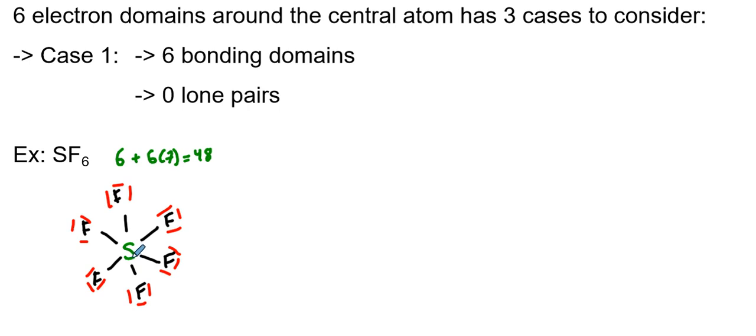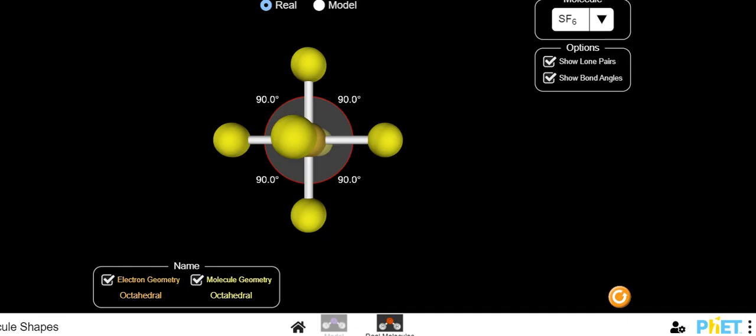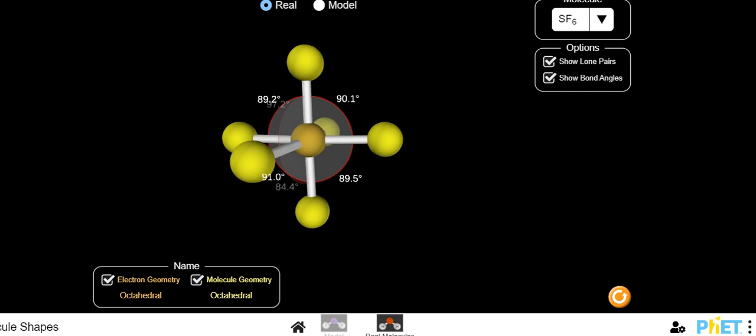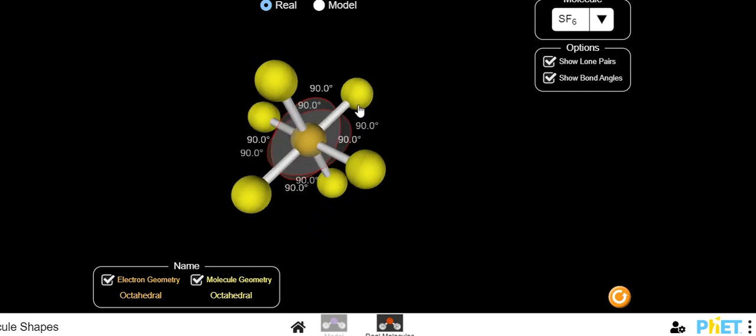So what will this look like in 3D space? Well, let's take a look at PhET and figure out what the picture looks like. So here it is, sulfur hexafluoride, and we can see that we have lots of 90-degree angles. Well, that's nice. They're nice to draw. And we can see that it's a very symmetrical molecule. It's got like this square shape along a plane in the middle, an atom above joined by a bond, and an atom below.